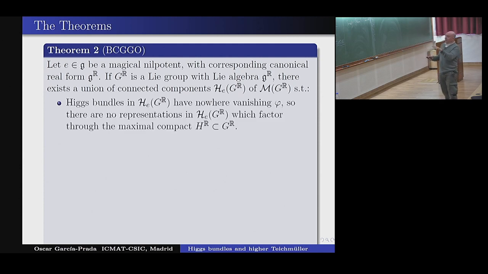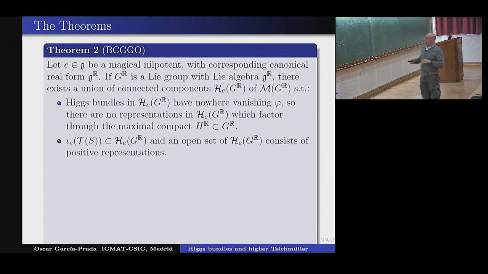The Higgs bundles there have nowhere vanishing phi. So there is no element for which phi vanishes, right? So they don't factor through representations through the maximal compact subgroup. That's one property.